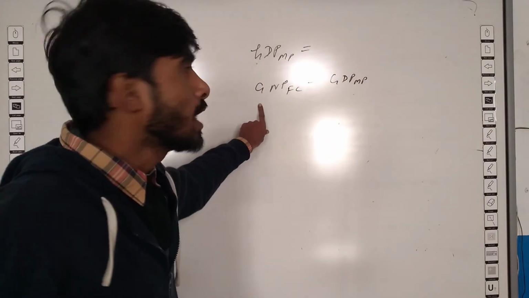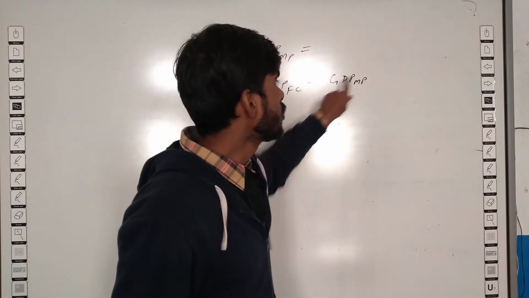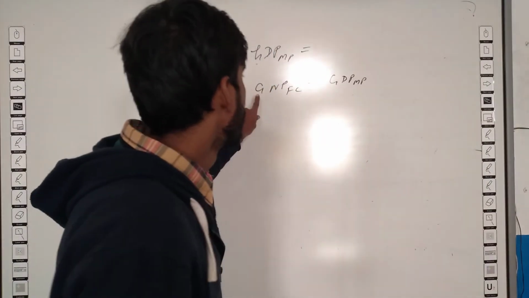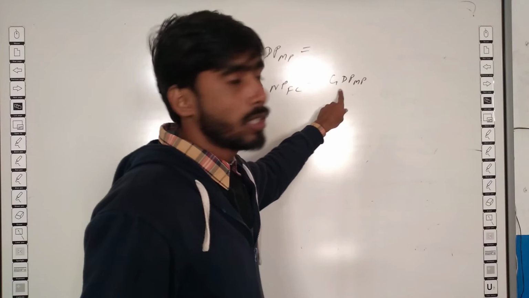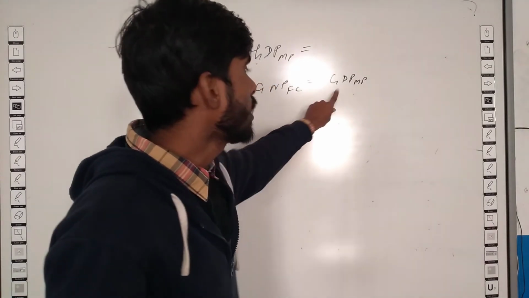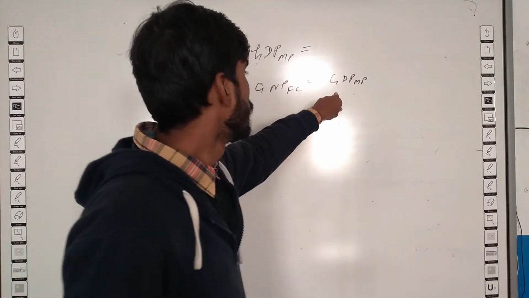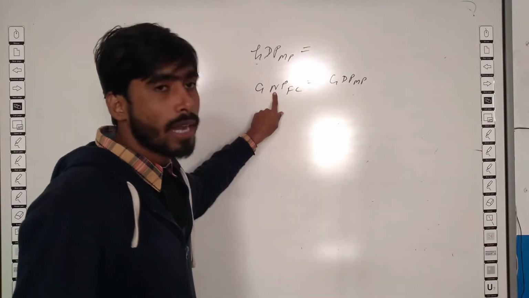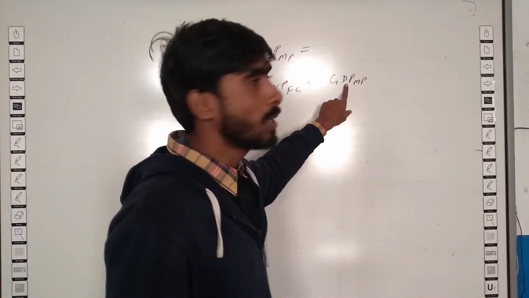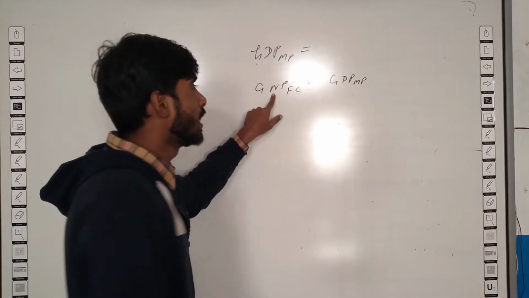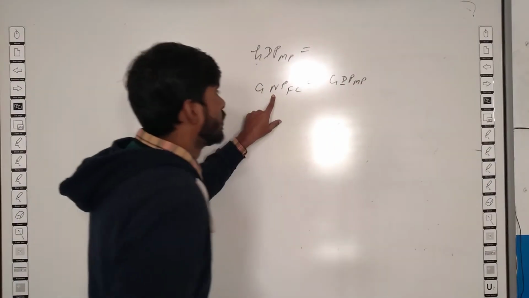We want gross national product at factor cost from gross domestic product at market price. First G and here first G. G means gross. The value is same, so there is no need to make any formula. N for national and here second D for domestic. We want national and here it is domestic.